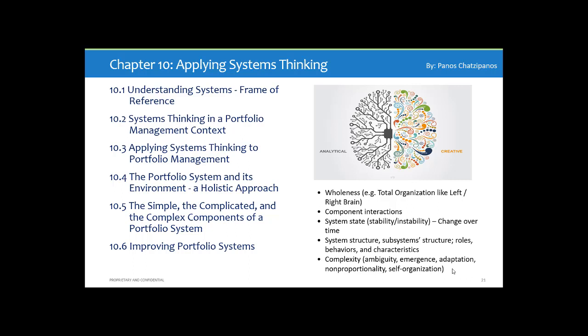These concepts include wholeness, component interactions, system state, stability, instability, change over time, system structure, subsystem structure, roles, behaviors and characteristics, complexity, with emphasis on ambiguity, emergence, adaptation, non-proportionality, and self-organization.